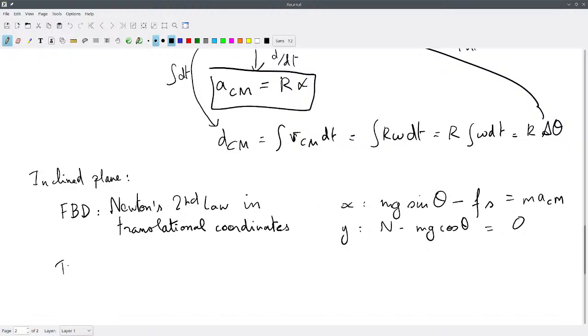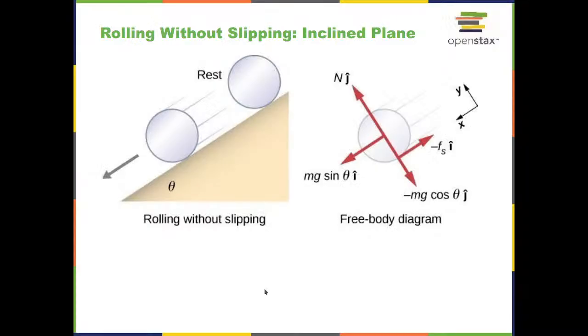Now we're going to look at torque, and we're going to use Newton's second law in rotational coordinates. We're going to use the same free body diagram, and we're going to calculate all of the torques around the center here.